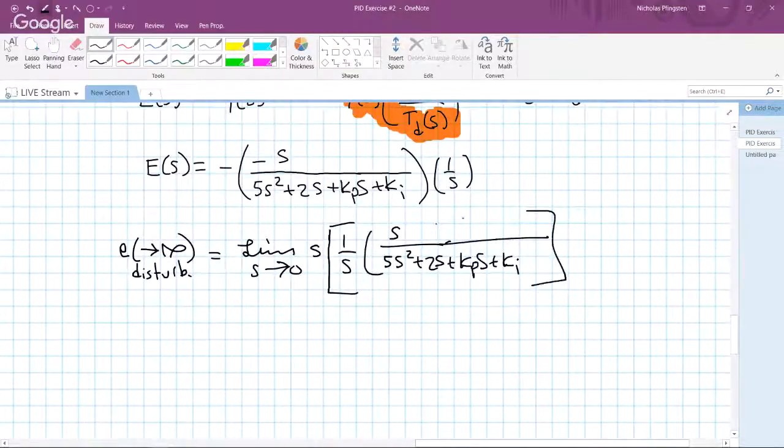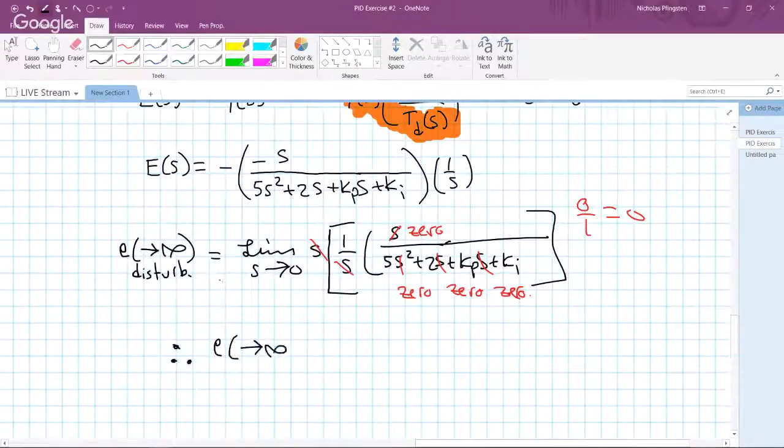And if we plug in 0, and if you notice these s's, they kind of cancel out. But nonetheless, we plug in 0 for this. We know 0 over 1 just equals 0. So for this portion of the problem, E as it approaches infinity is going to equal 0. And that is the answer to this problem.